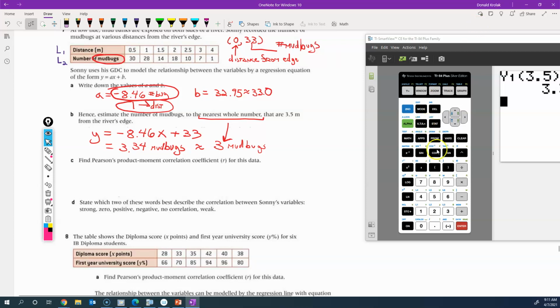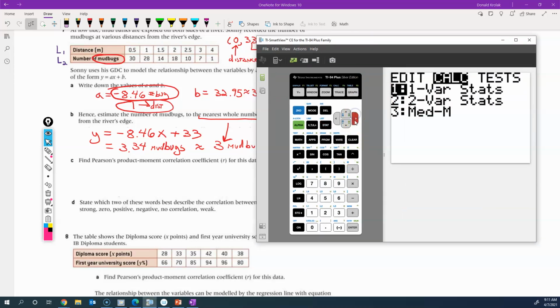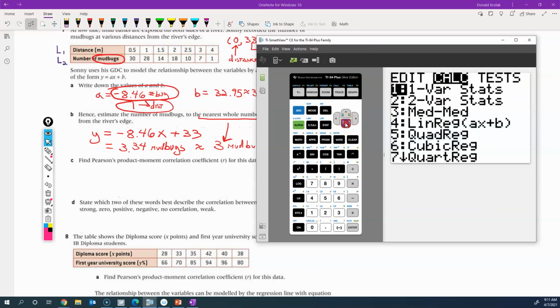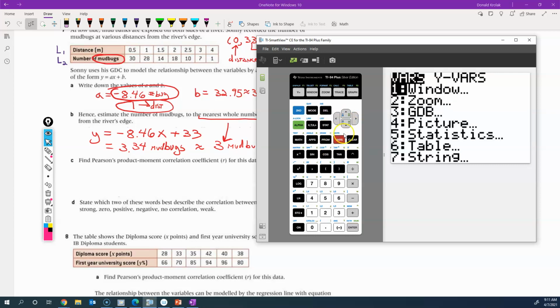Okay, the Pearson coefficient. So when we did our stats here, variable.